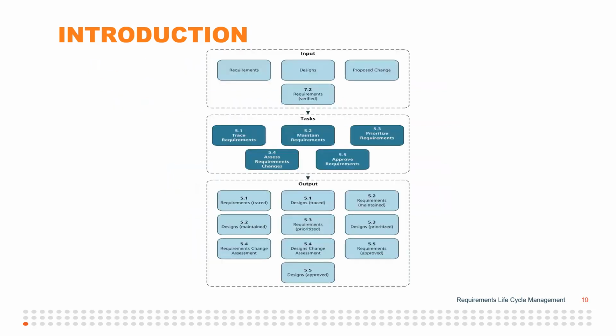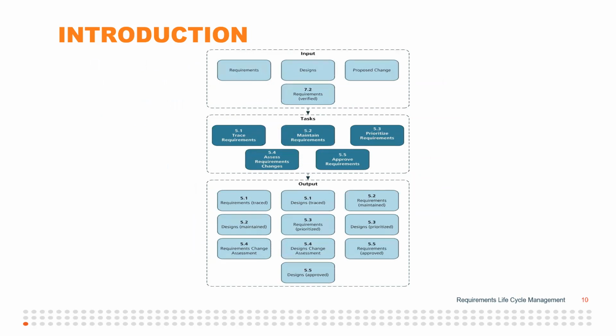Okay. If you take a look here, with the 5 tasks, you can see that the inputs to this knowledge area include requirements and designs, which is not too surprising, proposed change, and also something from chapter 7, the other requirements knowledge area: requirements verified.